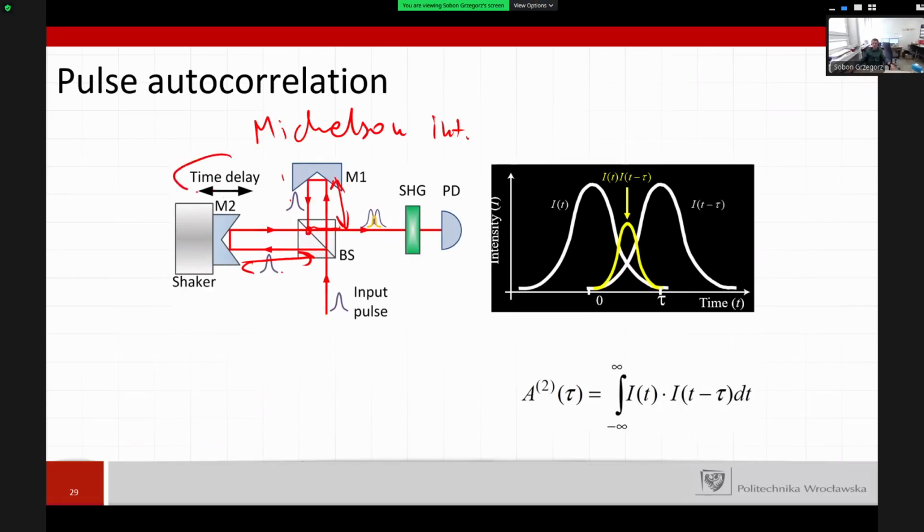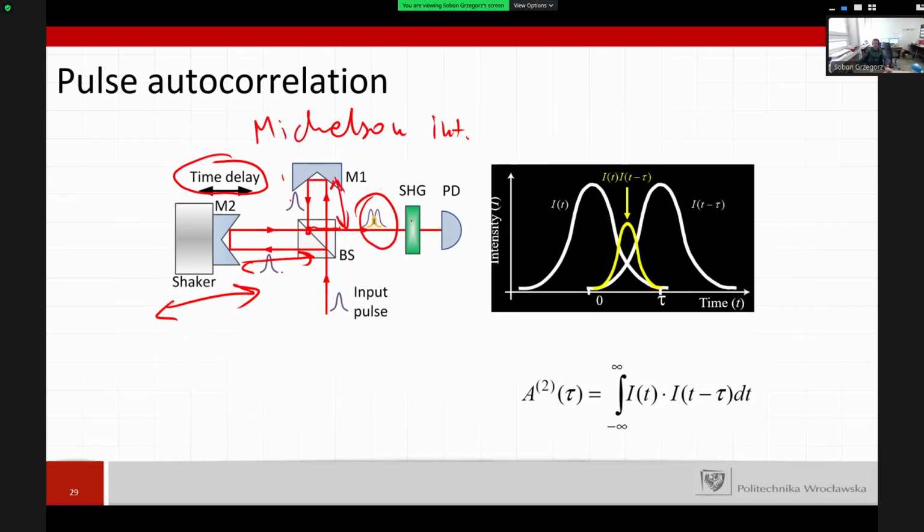But we put one of the mirrors on a time delay, on a shaker. So we just move this mirror back and forth. We just translate it, so it is moving continuously from one direction to the other, right? So we provide some kind of sweep between these two pulses. It means that these two pulses that are overlapping here on this beam splitter will at some point overlap, but if the shaker moves the mirror away from the matching point, then we will see no interference, right?